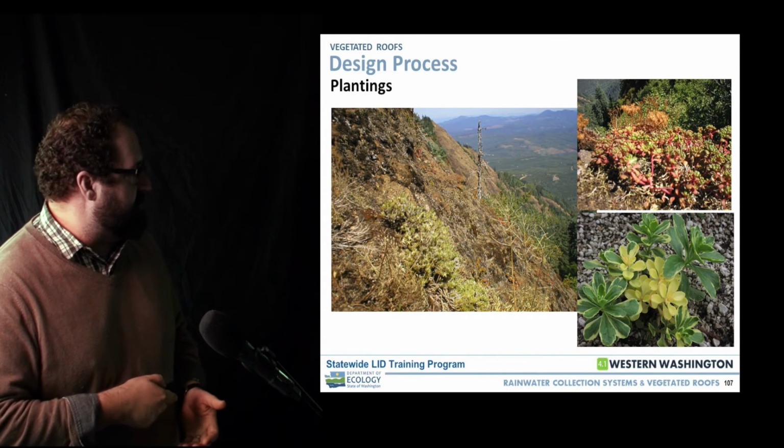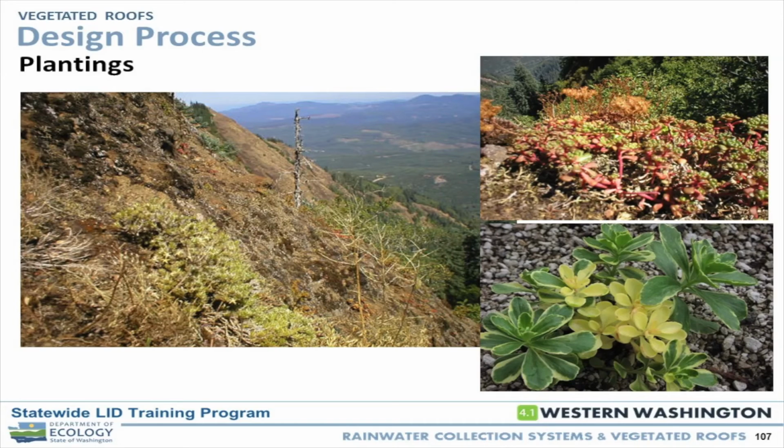This is on the Oregon coast, a bunch of actual Sedum oreganum, one of the Pacific Northwest native sedum species. This is what they naturally want to grow in. They grow in thin soils and on super hot, baked cliff faces. They're able to survive under conditions where other types of plants wouldn't, so it makes them a great candidate for vegetated roofs.